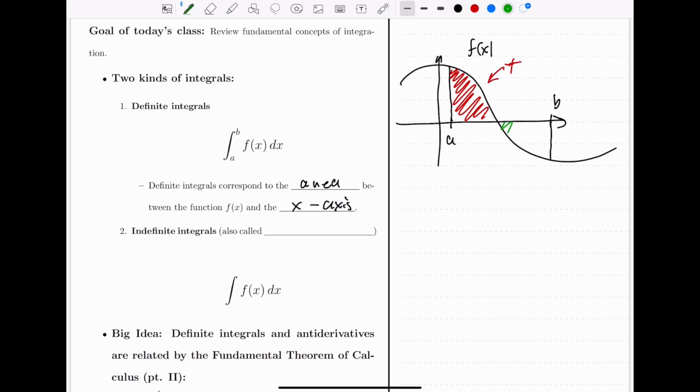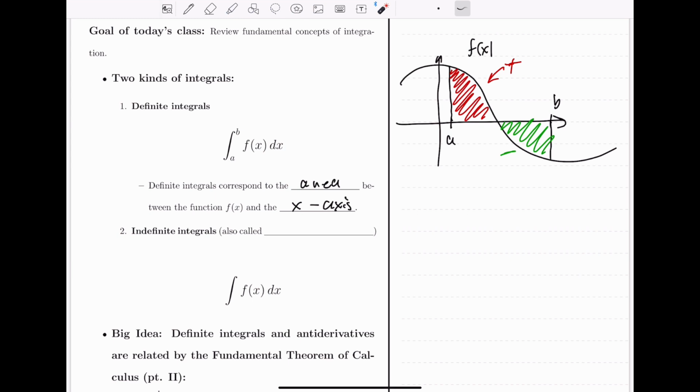Area below the x-axis is counted as negative. The integral finds the area of these two regions, adds them together, and we can imagine that would probably be close to 0 for this particular sketch because the positive area looks about the same as the negative area, but the integral would take that into account. So that is a definite integral, area between the curve and the x-axis.